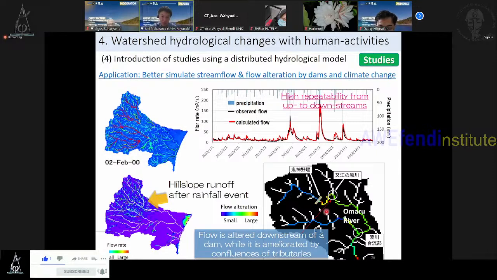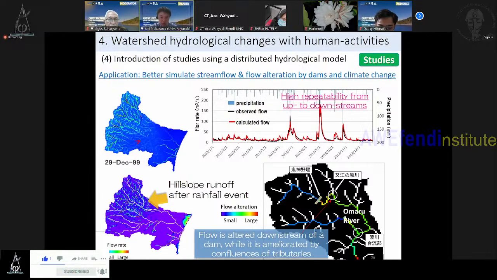And the bottom figure is a study case that assessed flow alteration by a dam. So this is the catchment, and there's a dam here, and the color shows the extent of flow alteration. Red means flow is altered largely, and blue means not altered at all.